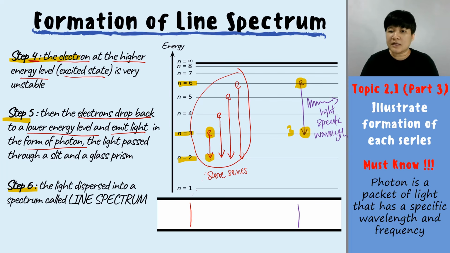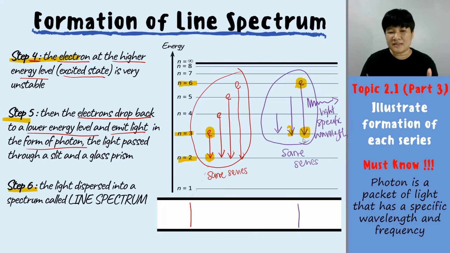Same thing if everything drops to n equals 3. You can have 6 going down to 3, 5 going down to 3, 4 going down to 3. But can you have 2 going down to 3? No, 2 must be going up to 3. So all of these will be in the same series.